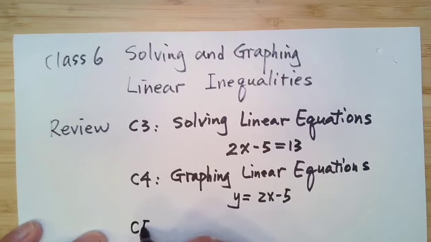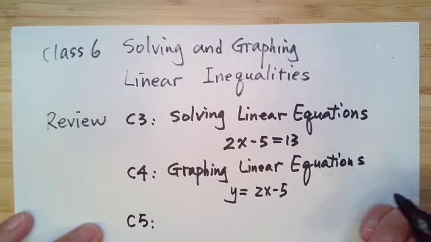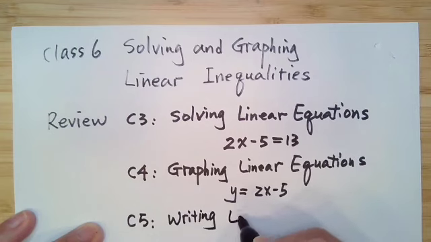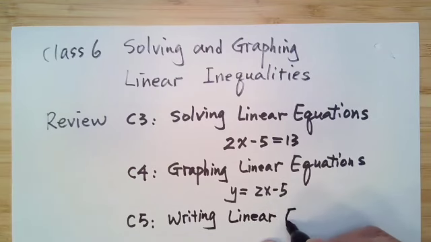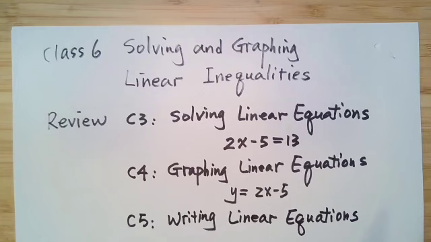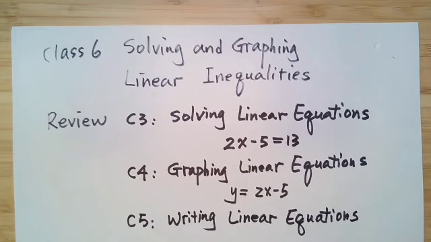And class 5 is, I give you some conditions, can you write this linear equation for me? That class is called writing linear equations. I give you the y-intercept and the slope, or I give you 2 points.